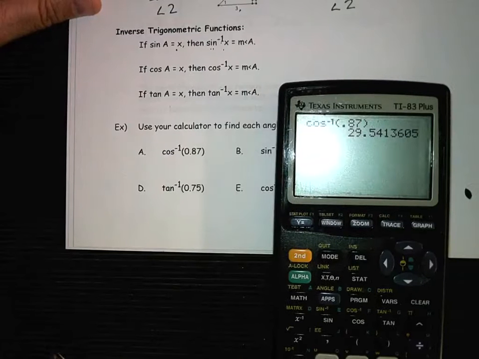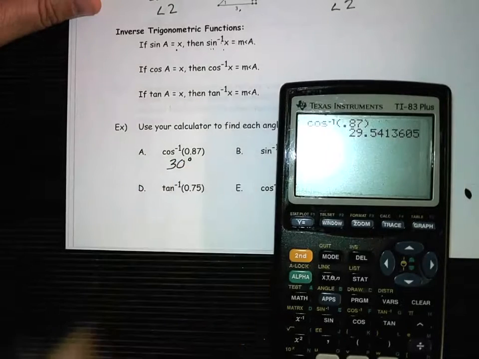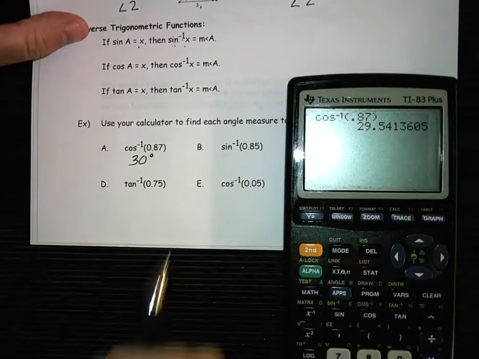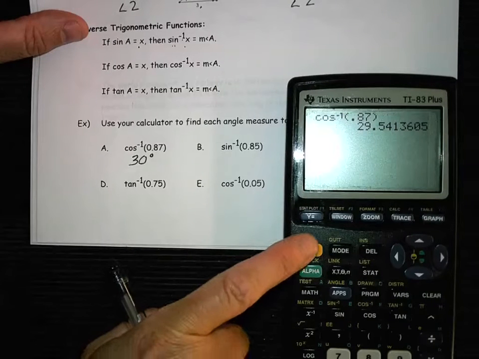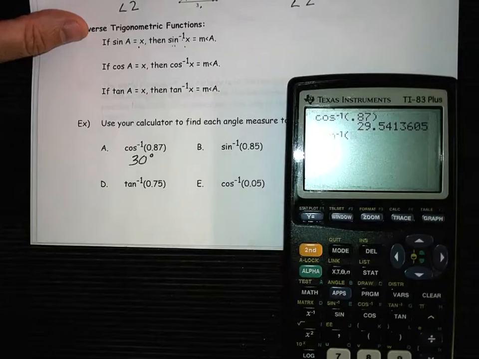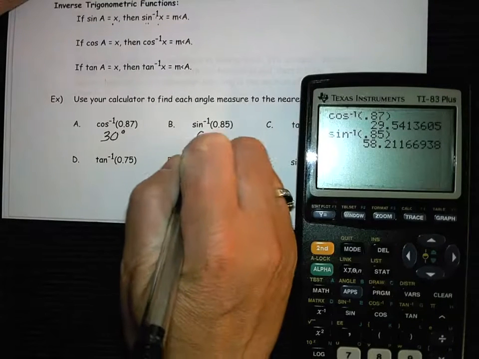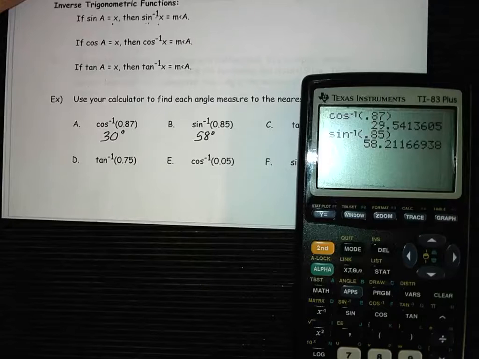We're asked to find the angle to the nearest degree, so that would be a 30-degree angle. The next one is inverse sine, so we do second and then sine, 0.85, and that ends up being 58.2, so that is a 58-degree angle.